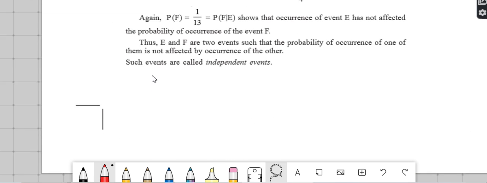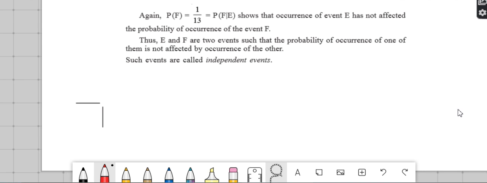First of all, let me tell you what is the meaning of independent event. If E and F are two events such that the probability of occurrence of one of them is not affected by the occurrence of the other.